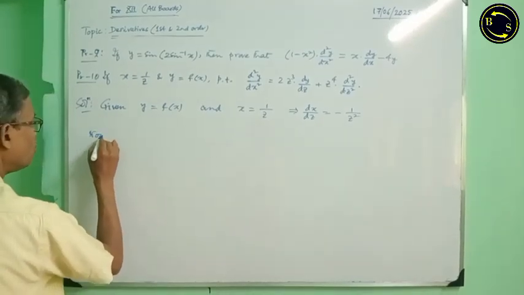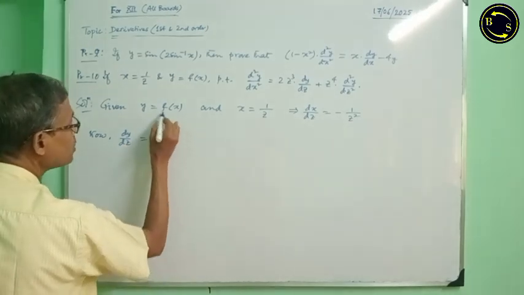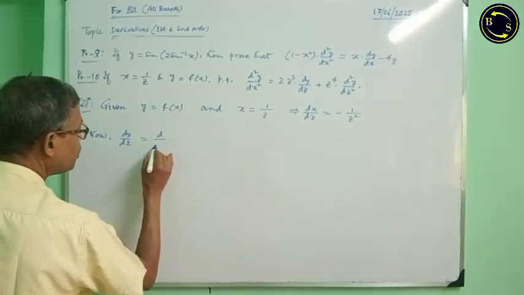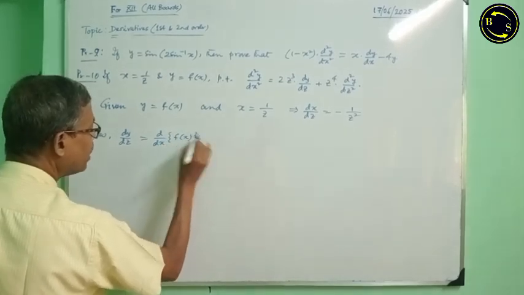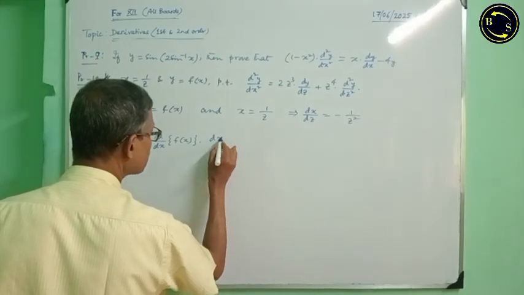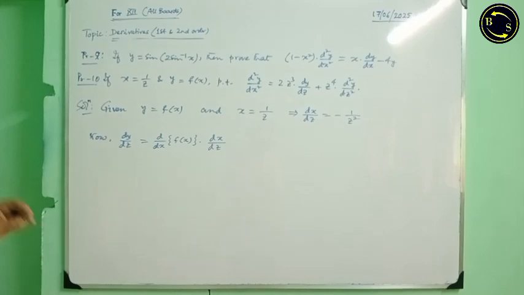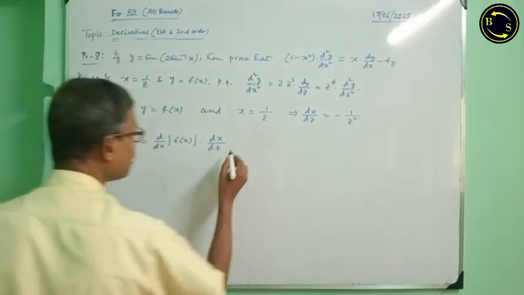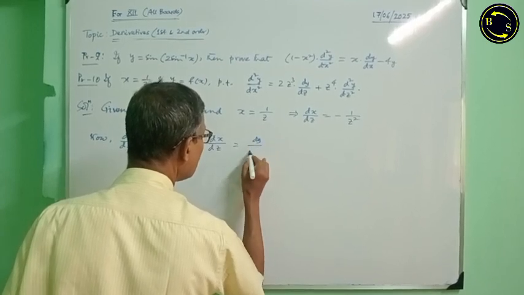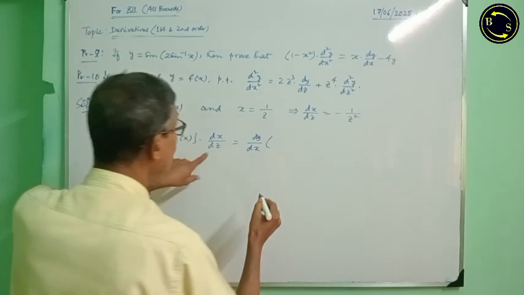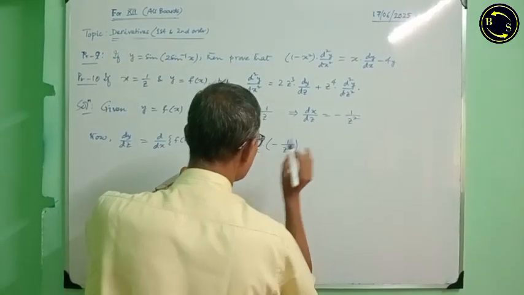Now dy/dz is equal to, since it is a function of x, therefore d/dx f(x) into dx/dz, chain rule, that means this is dy/dx into dx/dz, −1/z².